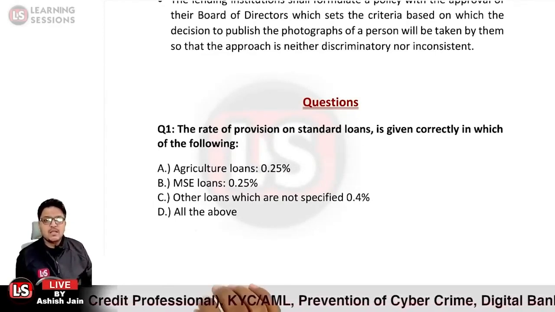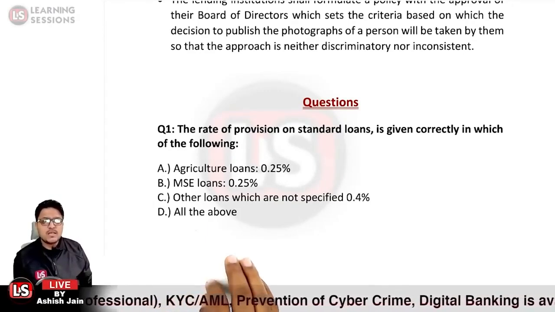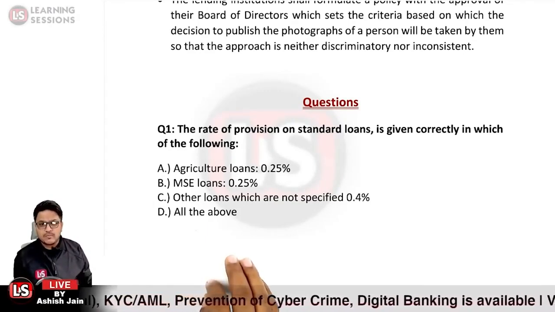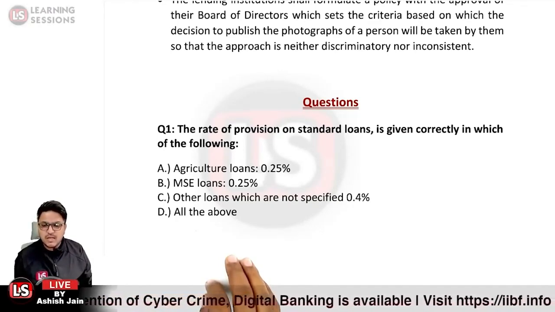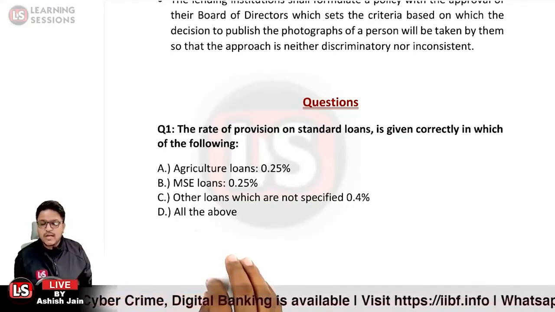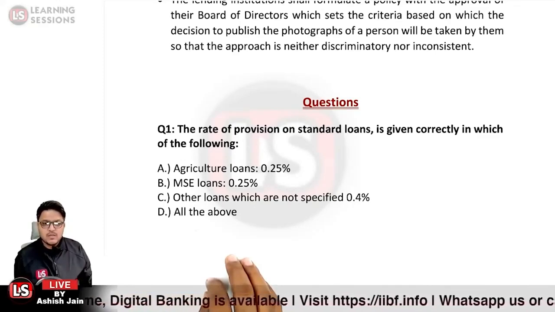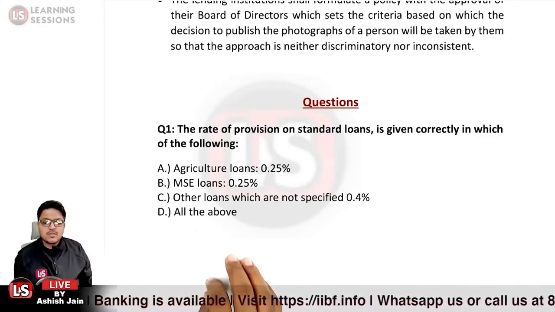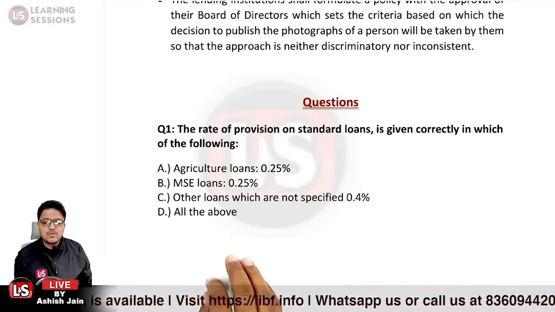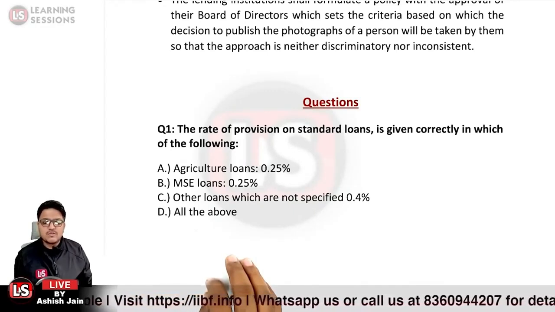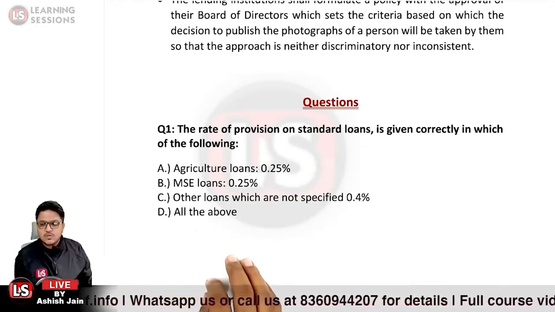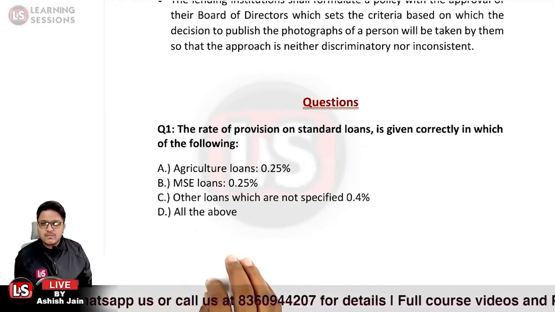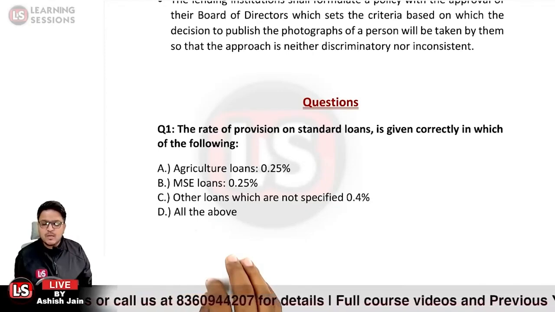First of all, it says: the rate of provision on standard loans is given correctly in which of the following? Kindly do answer at the earliest. Option A says agriculture loans 0.25%, MSME loans 0.25%, other loans which are not specified 0.40%. Option D, all of the above. I told you already that even in the case of standard loans, the provision is to be created.